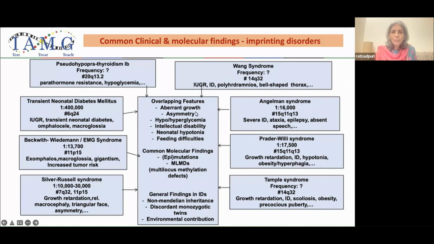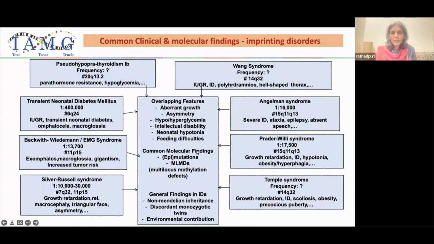There are several overlapping features for all disorders that occur because of genomic imprinting, which include aberrant growth, asymmetry, hypo or hyperglycemia, intellectual disability, neonatal hypotonia, and feeding difficulty.